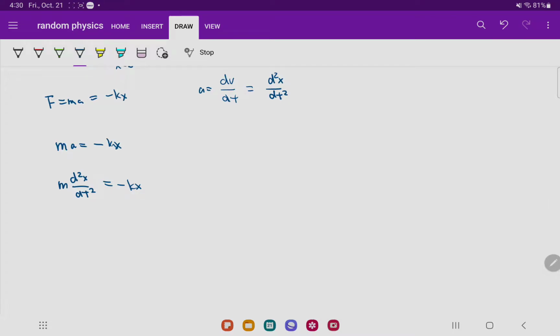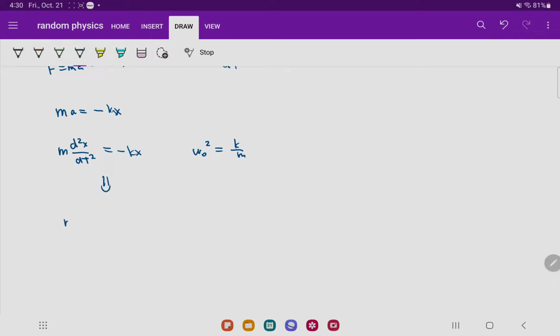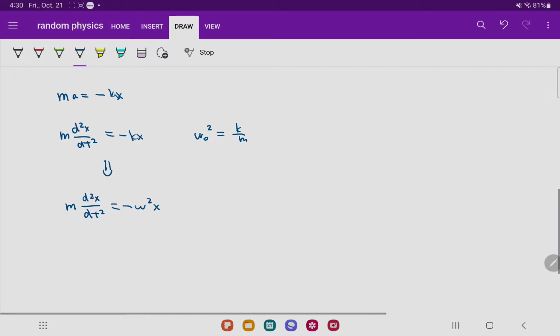You might find it confusing why we are introducing it, but it will become much more significant as we go through simple harmonic motion, and then damped oscillation and all this stuff. The omega will be really important here. So let's define omega 0 squared to be equal to k over m. Then the second derivative is equal to negative omega squared x, right?